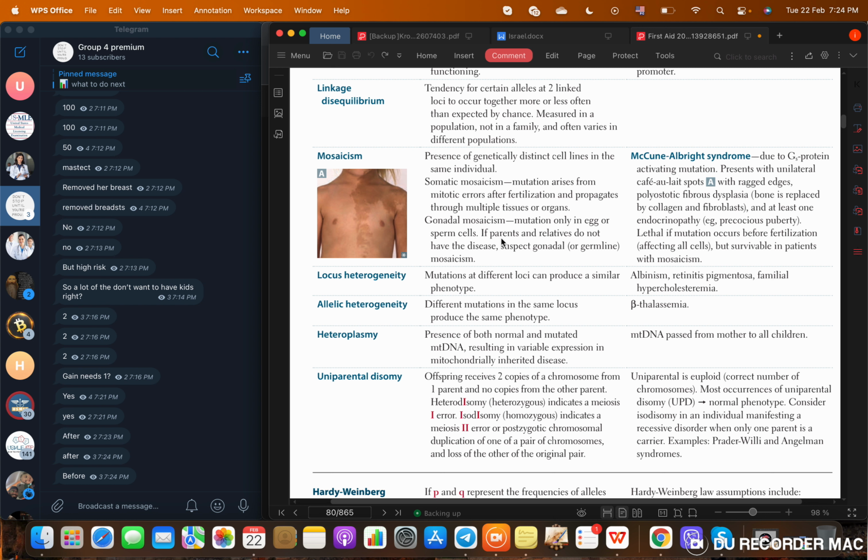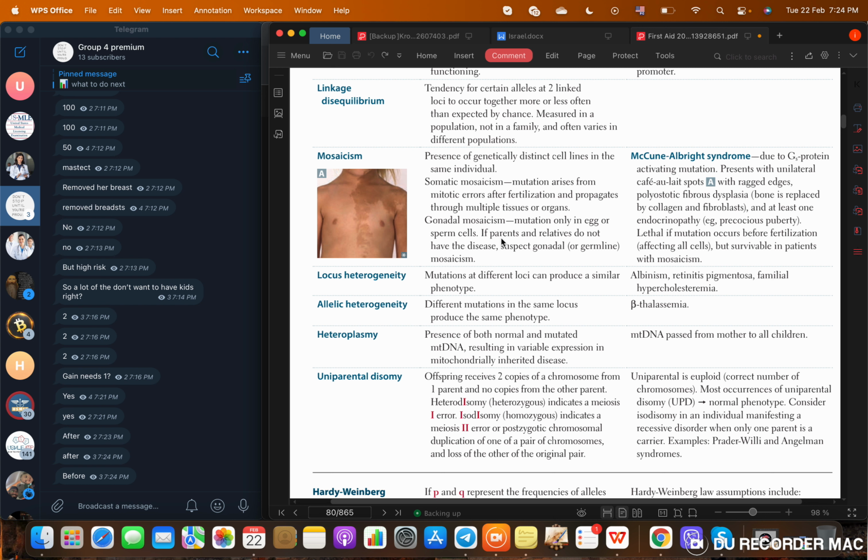If parents and relatives do not have the disease, suspect a gonadal one, like germline mosaicism. For example, the father is okay, the brother is okay, only the patient is having it. So how did this happen? Basically, his father had it only in his spermatozoa, or his mother only in her oocyte, but they did not actually have symptoms of it.